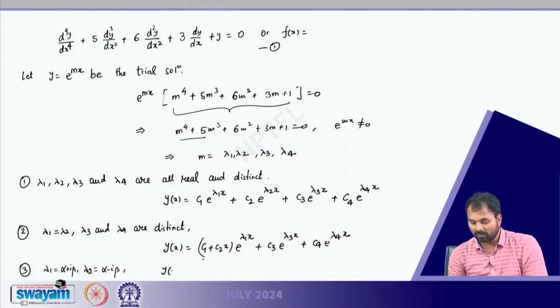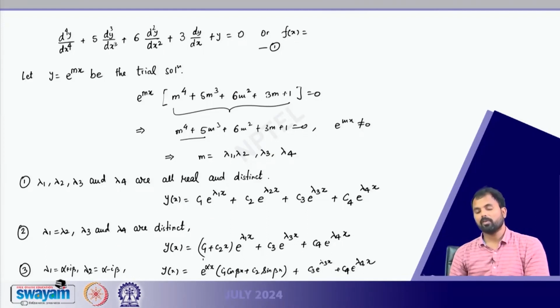So here in this case we will have y(x) = e^(αx) (c1 cos βx + c2 sin βx) plus, as I am saying, λ3 and λ4 are real and distinct, so this will be c3 e^(λ3x) + c4 e^(λ4x).